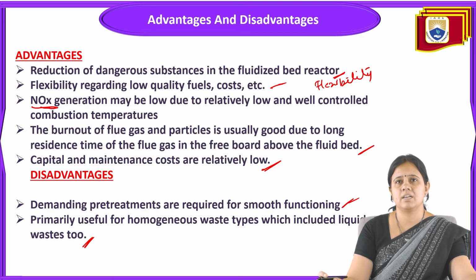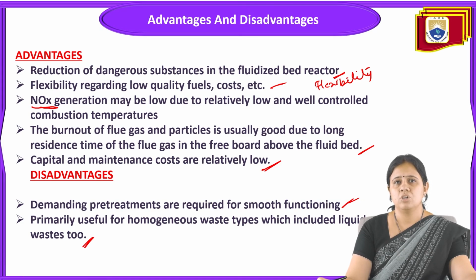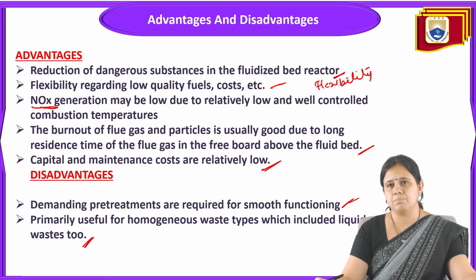Flexibility is there regarding low quality fuel, and NOx generation is low due to the low and well controlled combustion chambers. The burnout of the flue gas and particles is usually good due to the long residence time of the flue gas in the free board above the fluid bed, and the capital and maintenance cost is relatively low.